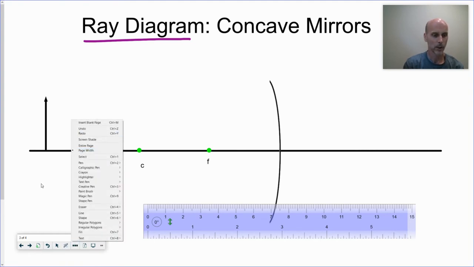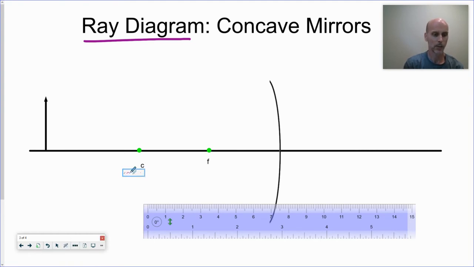So first of all, let's highlight a couple things that you need to do before you even get started. Number one, we have our optical device here, our mirror right here. It's going to be a concave mirror, so this is the shiny side. And the real focal point for this concave mirror is right here, so I've labeled that with that green dot. And then I've made another dot here that refers to something called the center of curvature.